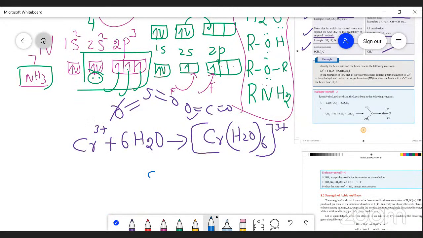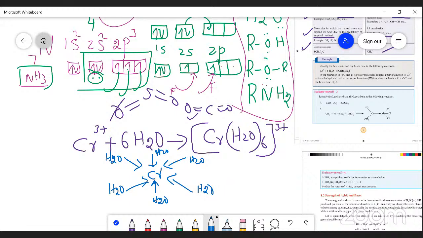Okay, this is the central metal atom, Cr3 plus. See here, 6 water molecules are donating a pair of electrons to it, so this is the way the donation takes place.